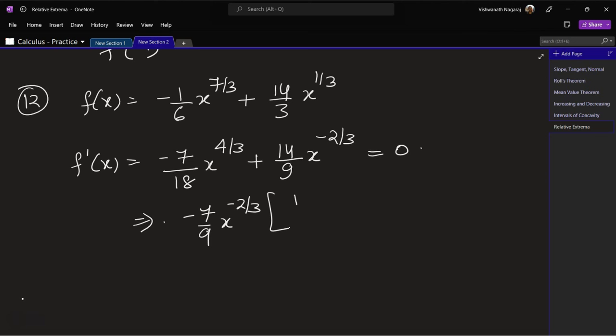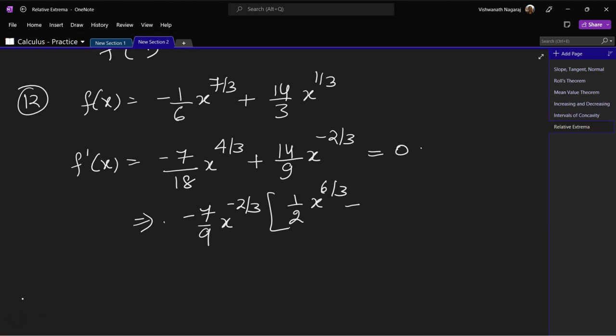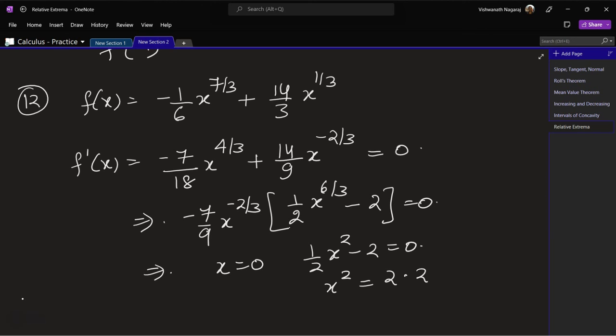We get 1 by 2 x to the power of 6 by 3, 6 minus 2 is 4, 4 by 3 minus 2 equal to 0, which implies that x equal to 0 and half x square minus 2 equal to 0, which means x square is equal to 2 times 2. So x square equal to 4, x equal to plus or minus 2.